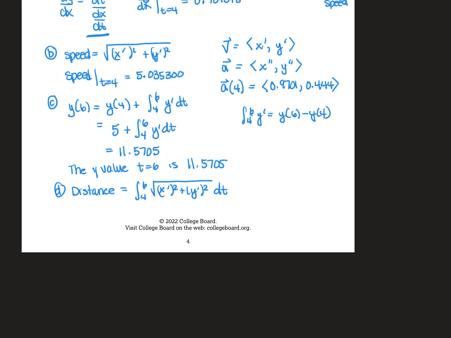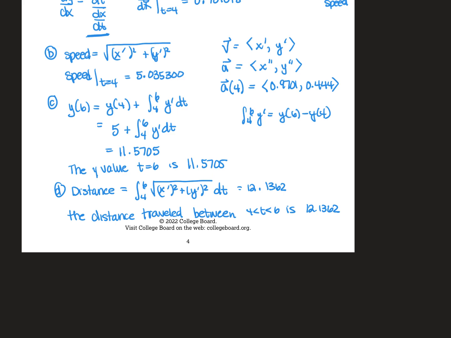And we do that, we get 12.1362. So the distance traveled between t equals 4 and 6 is 12.1362.